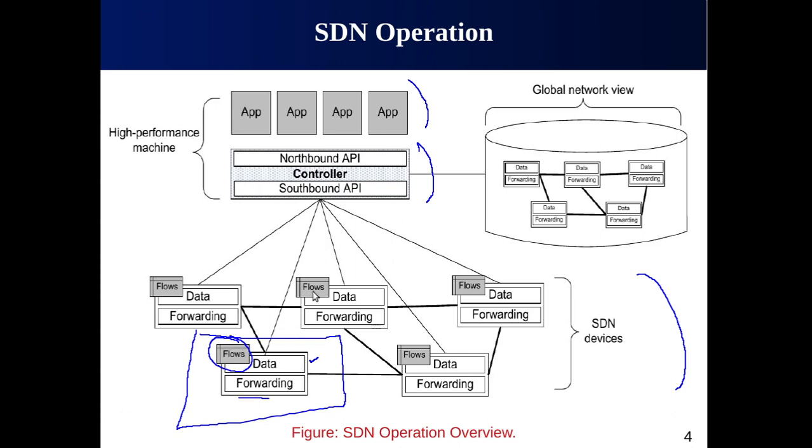A flow is a set of packets transferred from one network endpoint to another. The endpoints may be defined by IP addresses, port numbers, virtual LAN, MAC, etc.